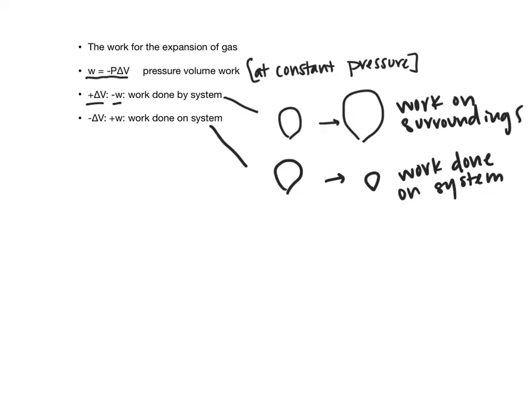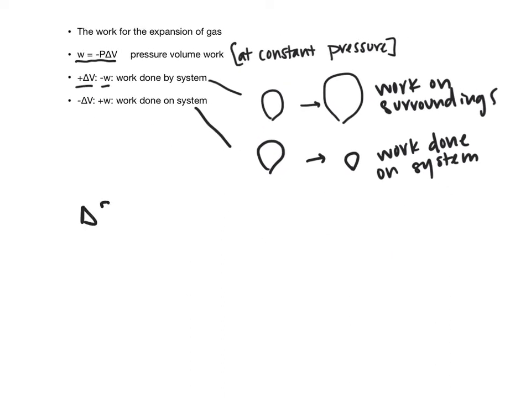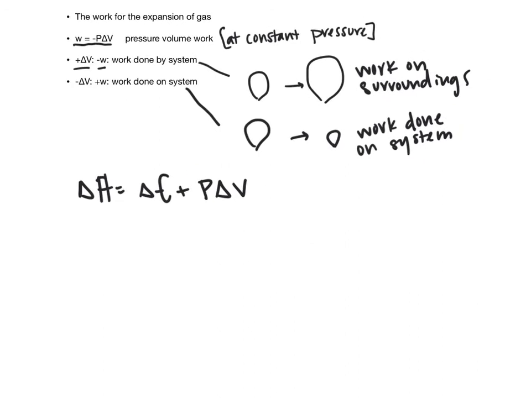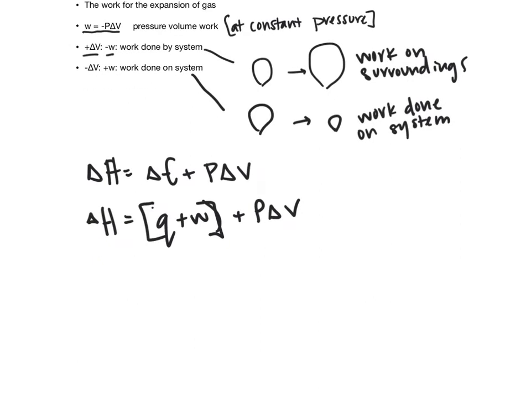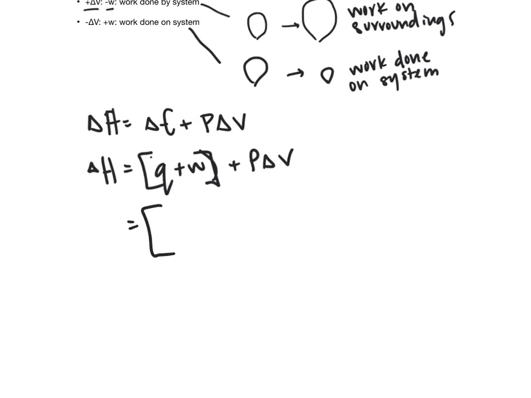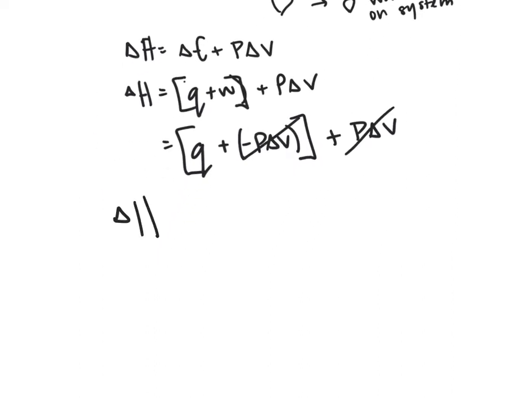As we start to think about this, I want to reflect back to delta H equals delta E plus P delta V. If we rewrote that as delta H equals Q plus W plus P delta V, we also know that work is negative P delta V plus P delta V. So in this case, both of these will cancel, and delta H equals Q. So the enthalpy is equal to the heat in most of these situations.